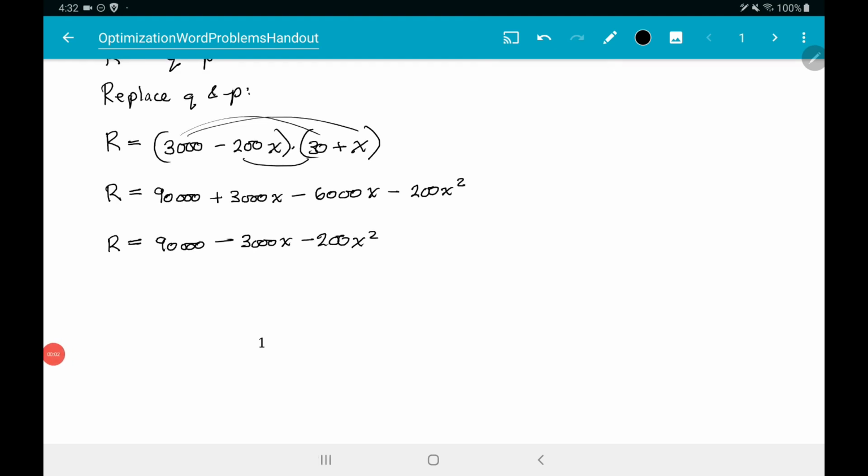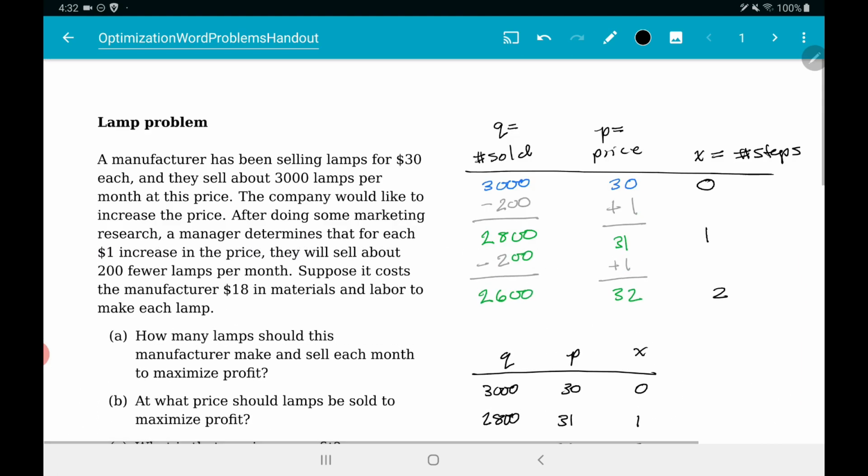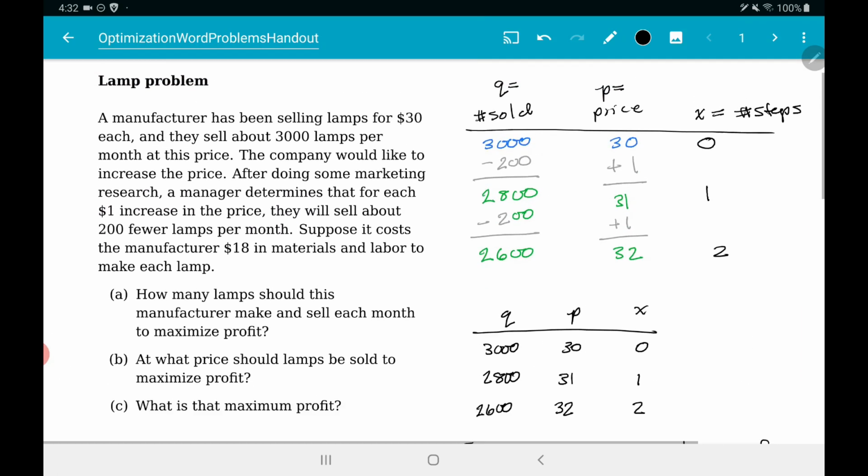Now we need to build a cost function. Let's go back to the problem statement. Remember that there's a difference between cost and price. The $30 is a price. The $1 increase in the price is also a price.